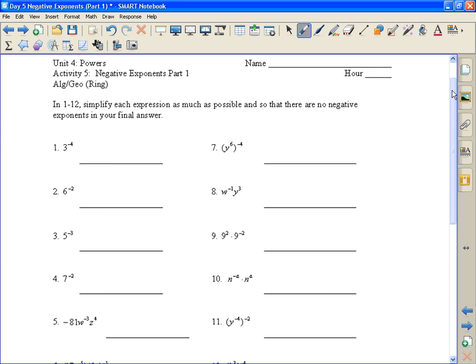Because what you'll find is that maybe you don't need to flip anything. If we look at number 7 here, I have y to the 6th times negative 4. So that would give me y to the negative 24 if I multiplied first. Well, I know that he's not happy right now, so I'm going to move him to the basement. And now that's been a very easy problem for me to do.